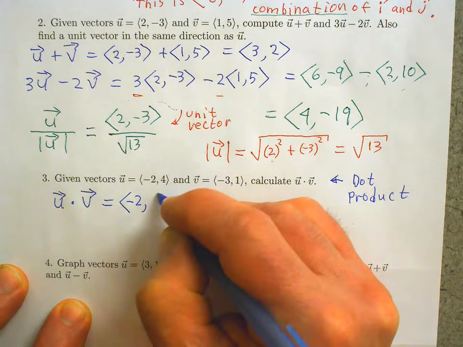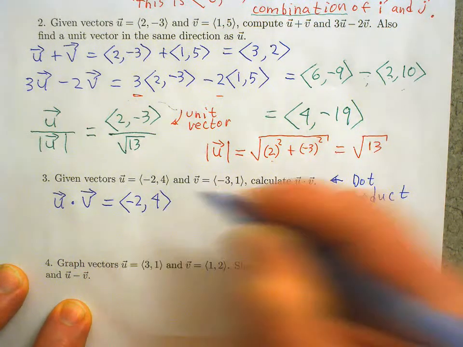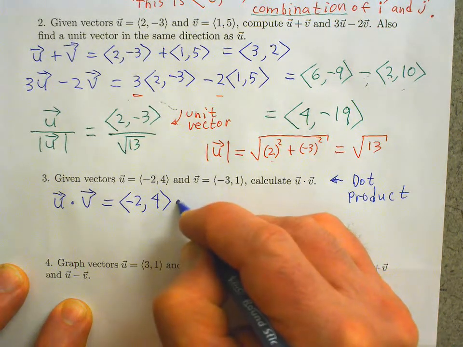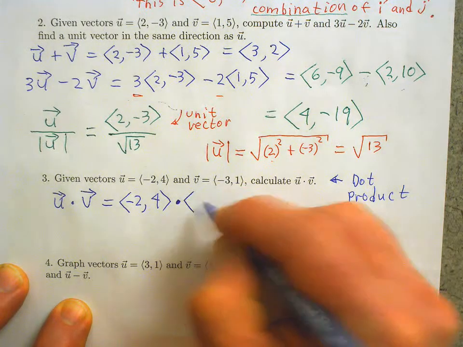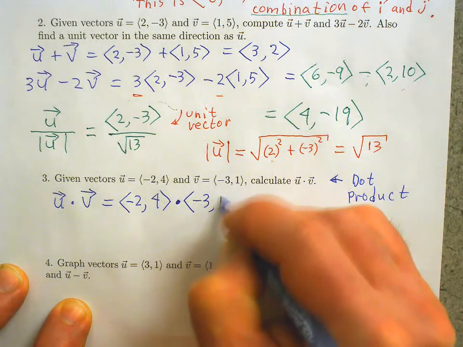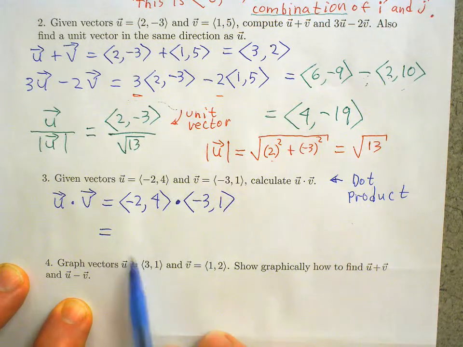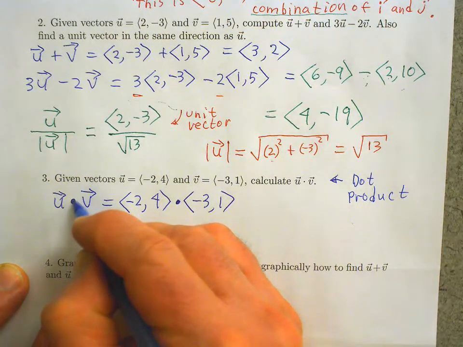So the component vector for U, -2, 4, we have a dot product with vector V. So the dot product of two vectors is a real number.